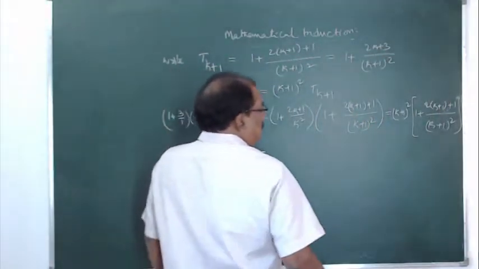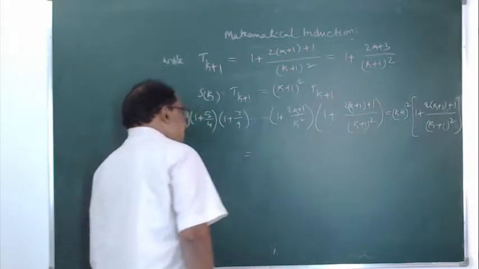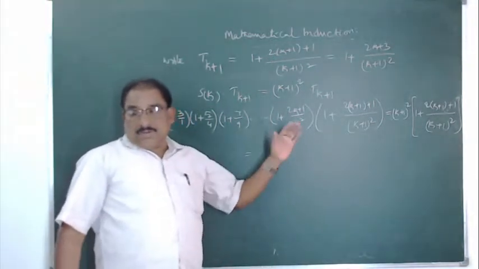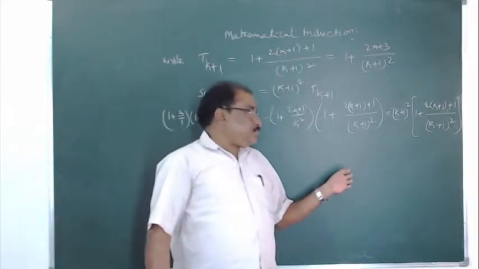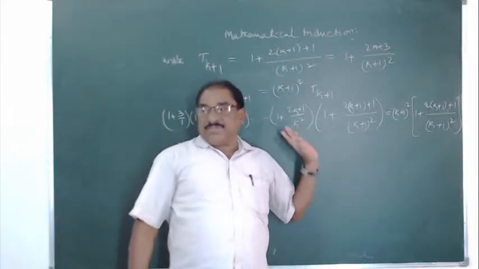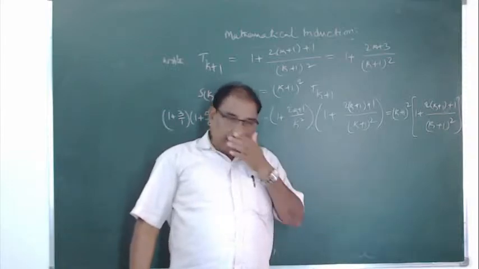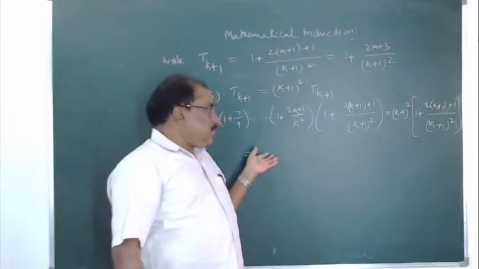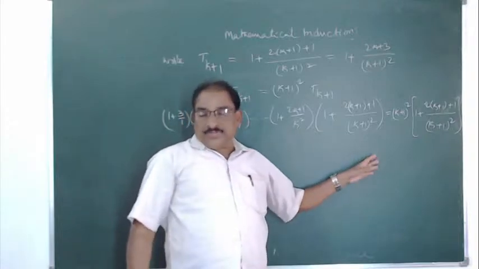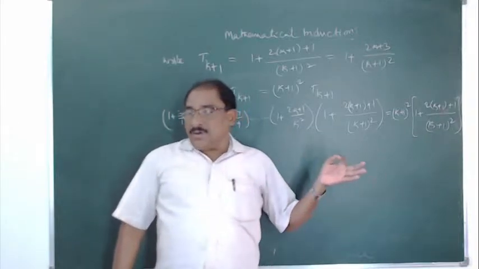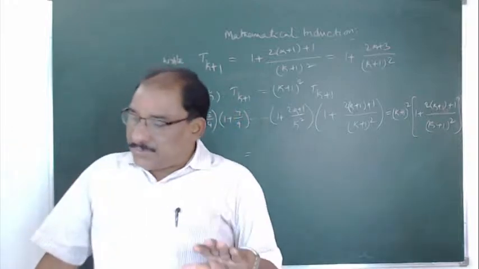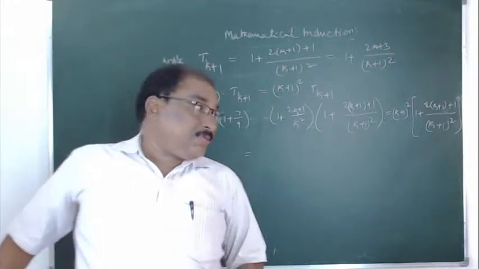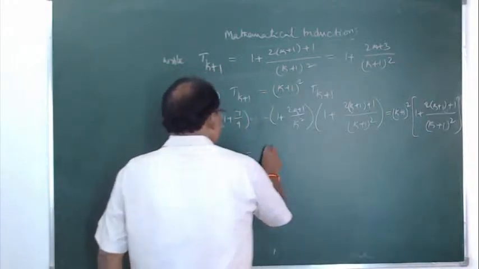Therefore, there is no change in the series. We modify or work out the RHS formula only. So after getting the solution for the problem, we get k plus 1 in the place of n in P of n. Okay. Therefore take RHS.